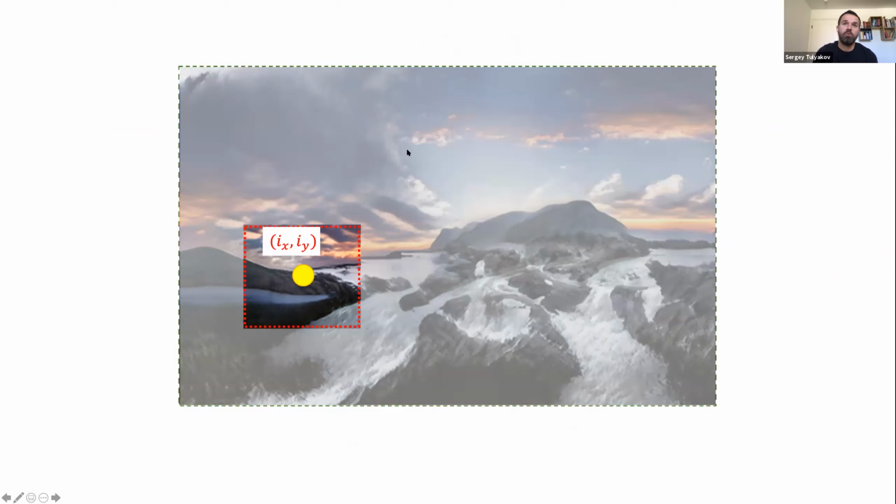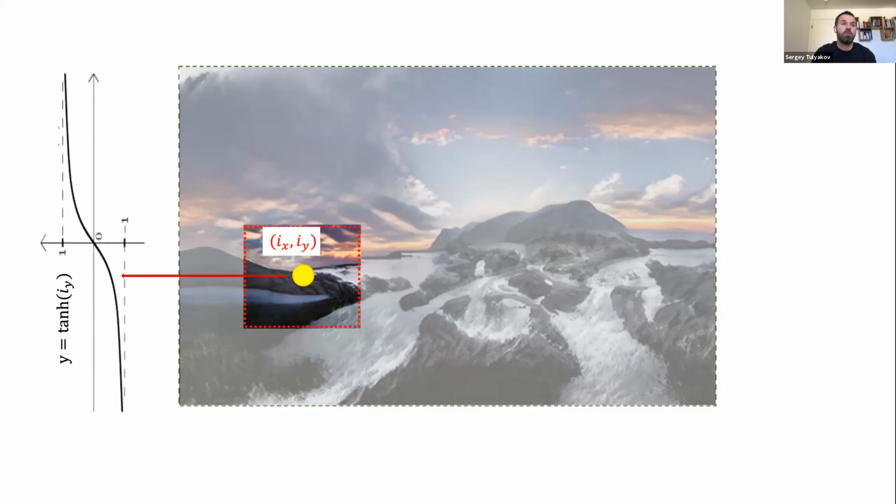And that's true for every vertical row of pixels. It goes from, let's say, grass, water, rock to the sky. So it saturates at both ends, and therefore we model it with tanh.